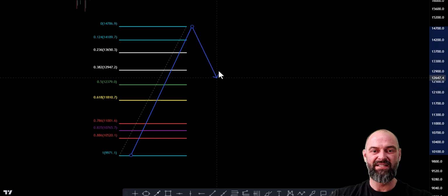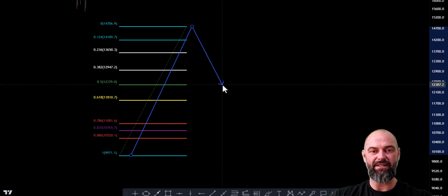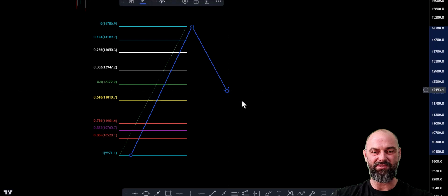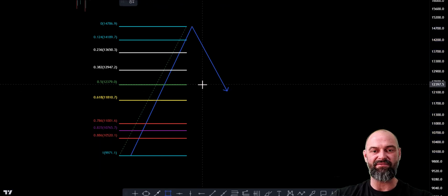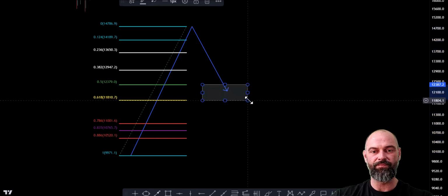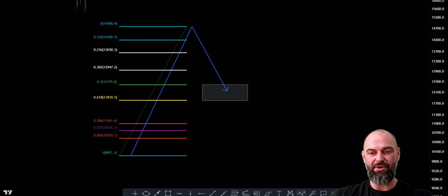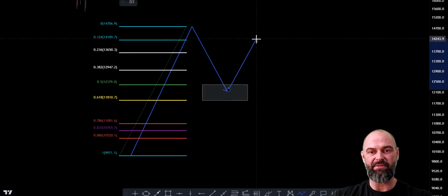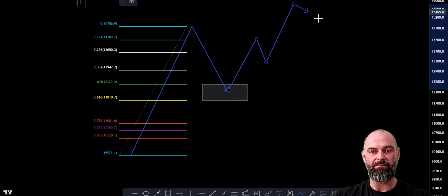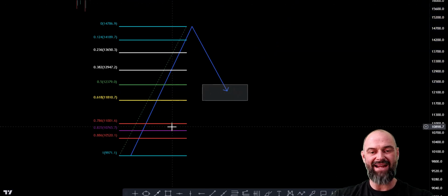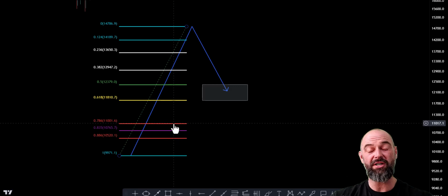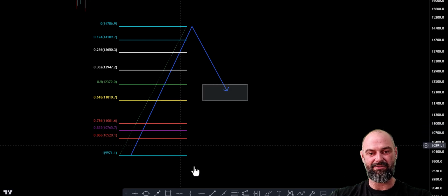All right. Now, a lot of times it'll come to the 50% 618. This is a zone within itself, very powerful zone. And then price typically from here begins to move up. Now, if it doesn't, our next zone and the strongest zone actually for the Fibonacci retracement tool is the 786, 886.